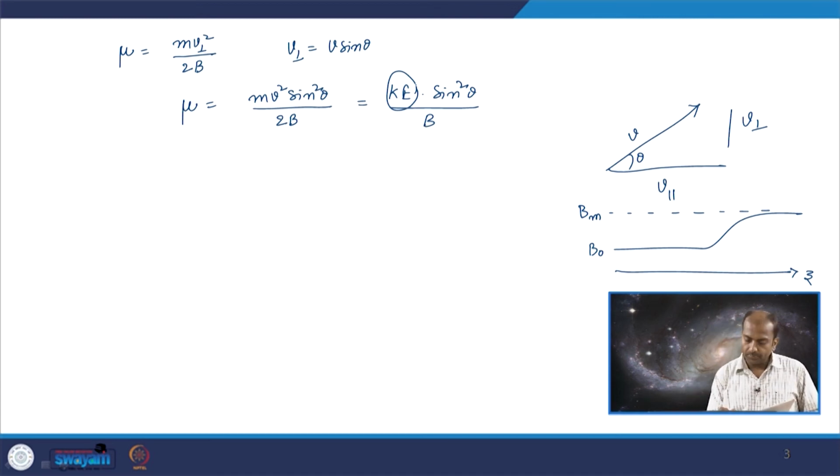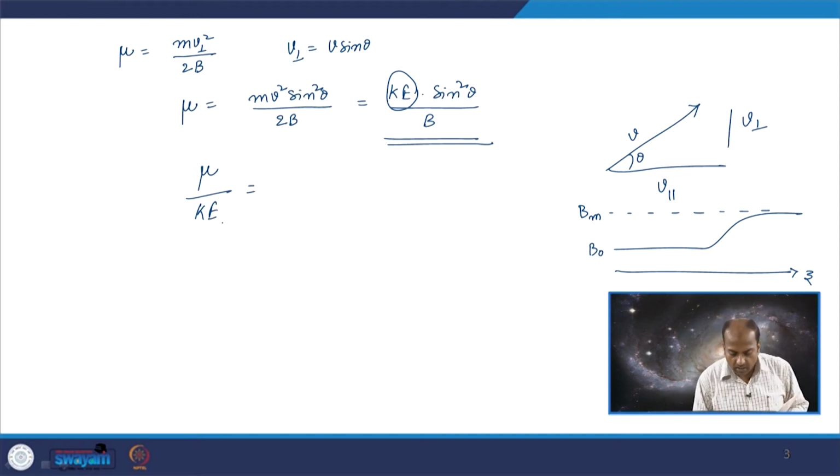So mu is conserved, this entire quantity needs to be conserved. So sin square theta by B is also conserved, right. So here we take a ratio of mu by kinetic energy, which is sin square theta divided by B.